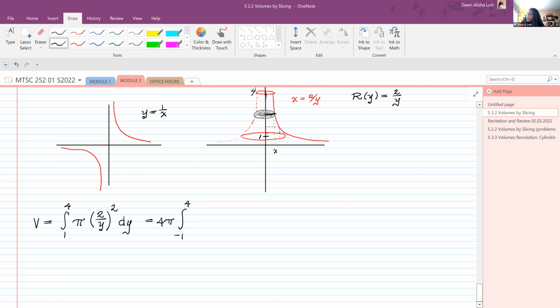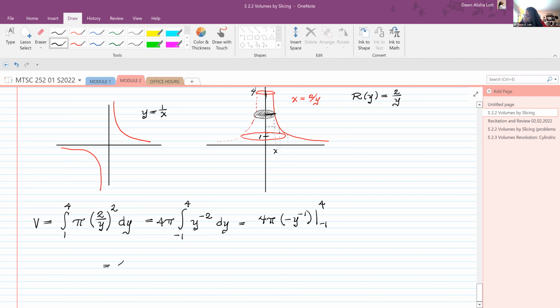So there we go, 4 pi, and then this just becomes y to the -2 dy. And then we're going to integrate that. That's 4 pi. I'm going to get y to the -2 will give me -y to the -1. Evaluate between 1 and 4.